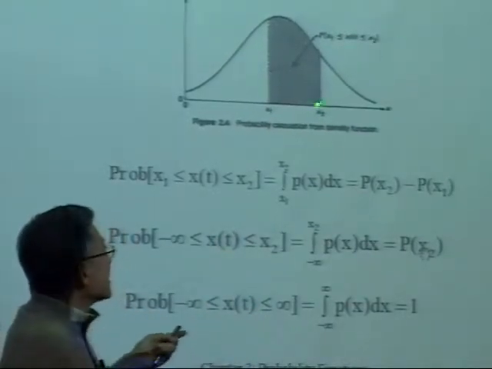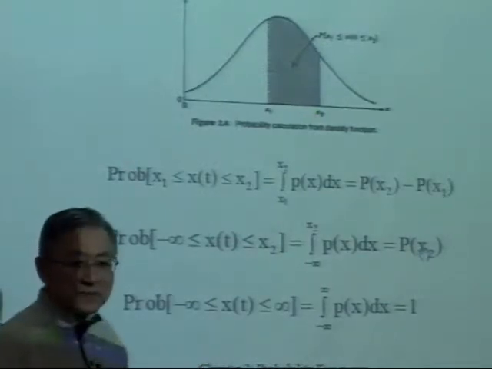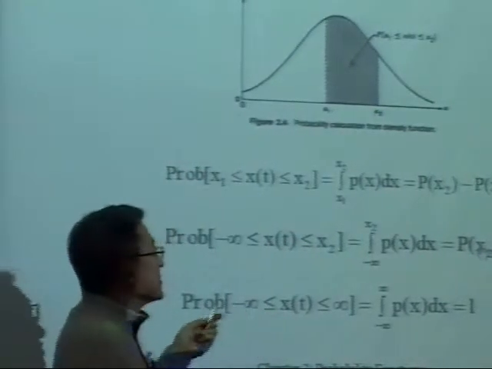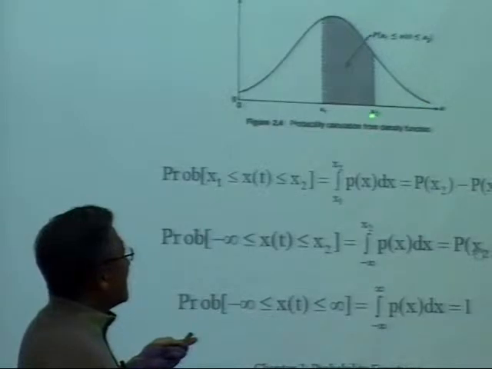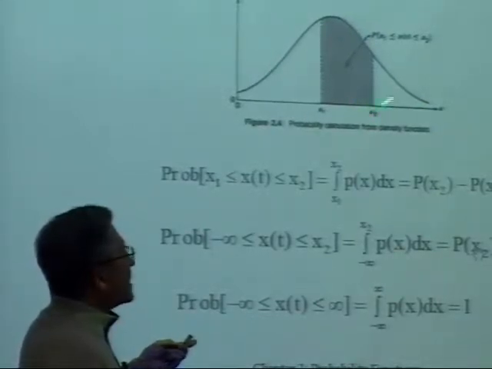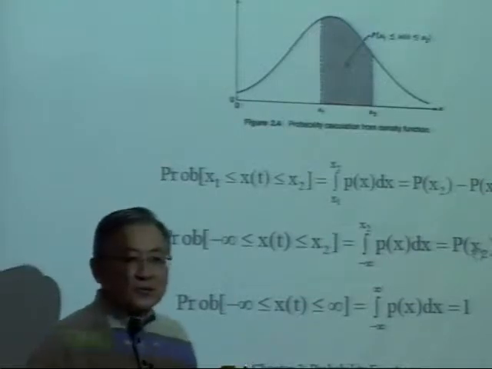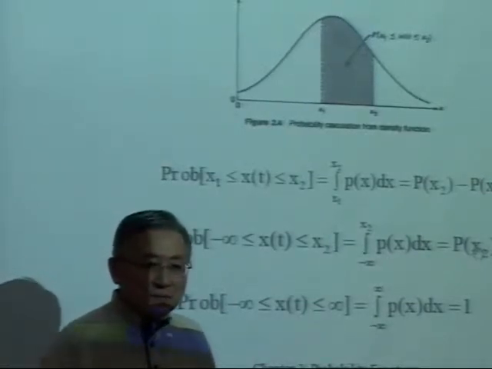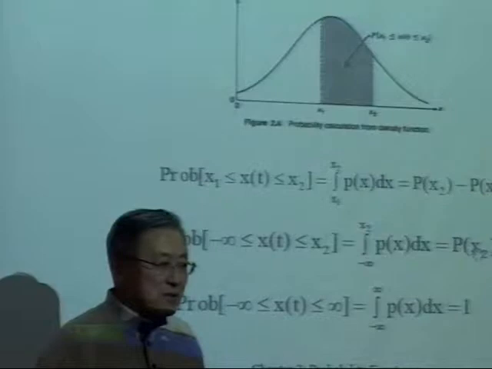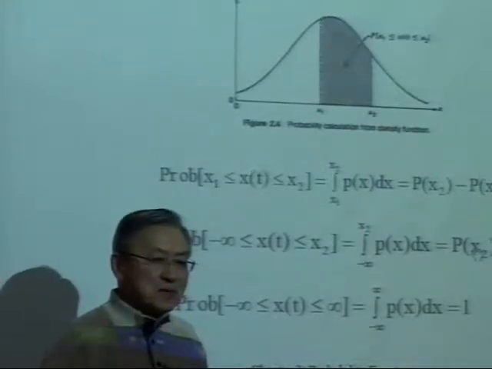What does x2 mean here? The probability such that x is x2, which is 180 centimeters, right? What does it mean?